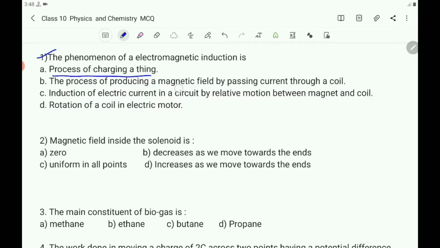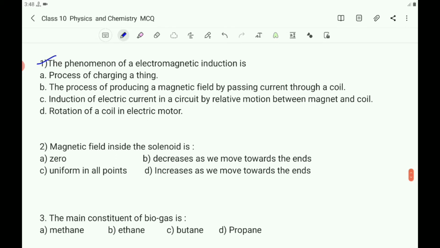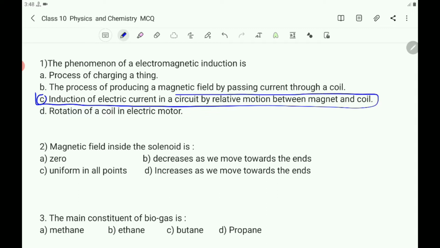What is electromagnetic induction? It is a phenomenon of inducing current in a circuit by the relative motion between the magnet and the coil. So which option is the answer here? Option C is the answer.